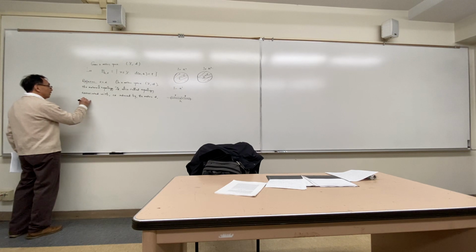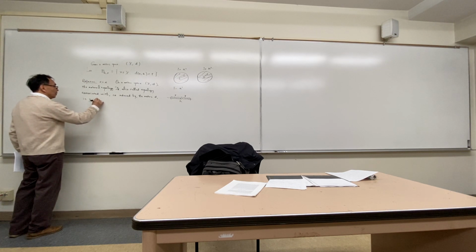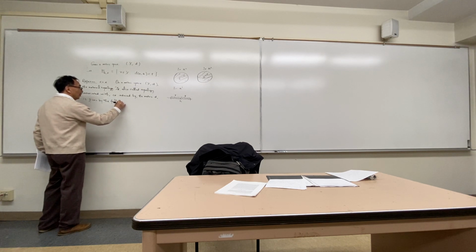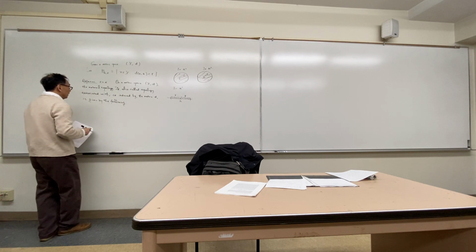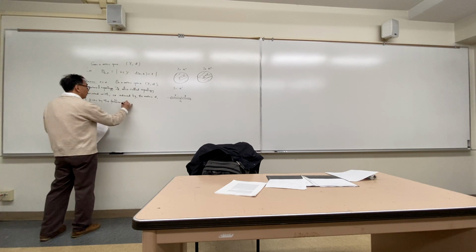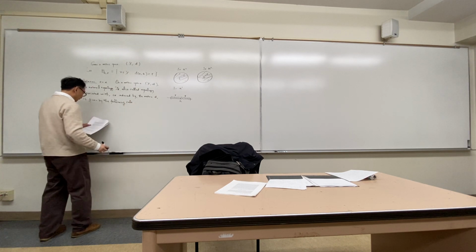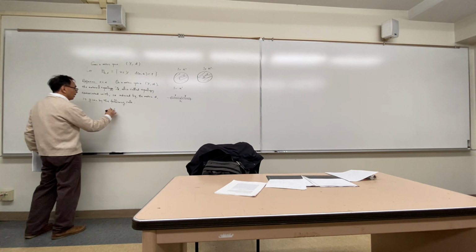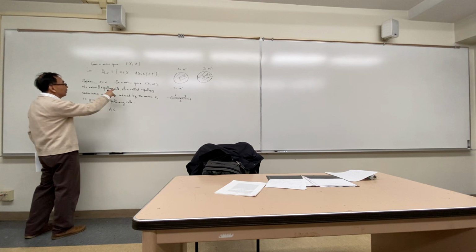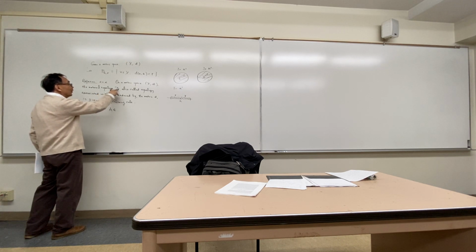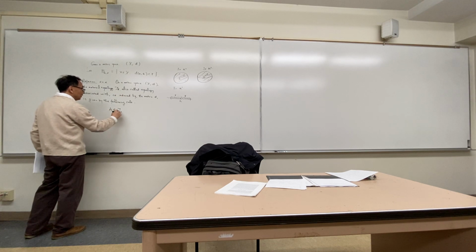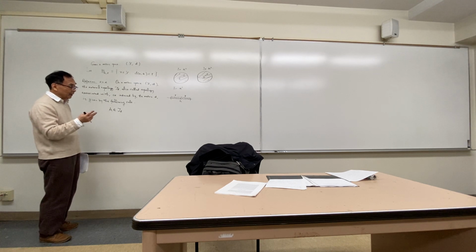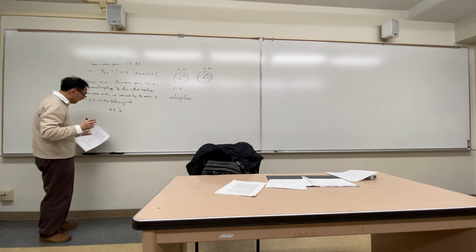It is given by the following rules. This is just a generalization of the open set in Euclidean space. What is it? If A belongs to T_d, the topology induced by d, so if A belongs to T_d, you think of it as an open set. Then in Euclidean space, we know that there is a ball contained in the open set, right?